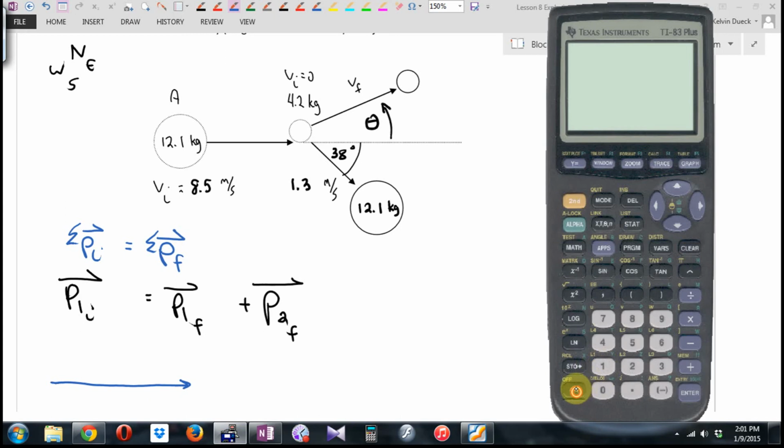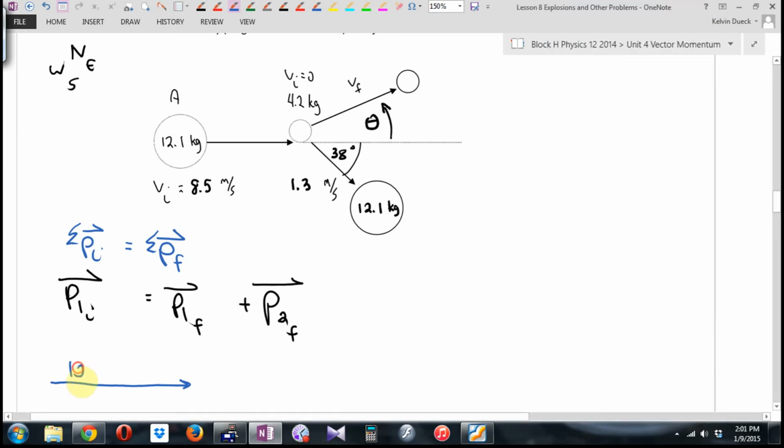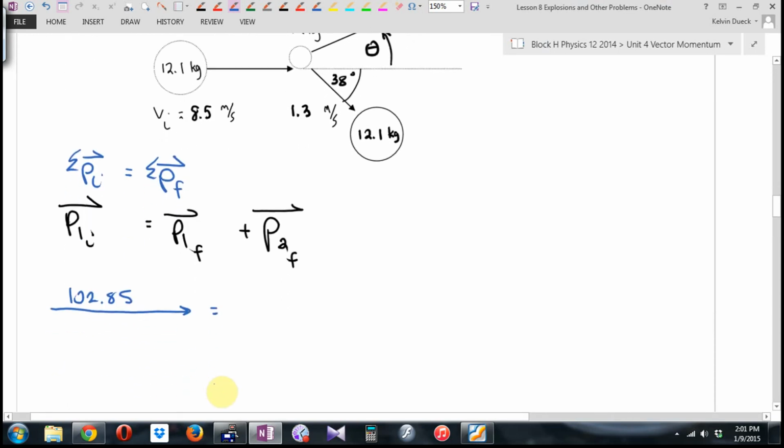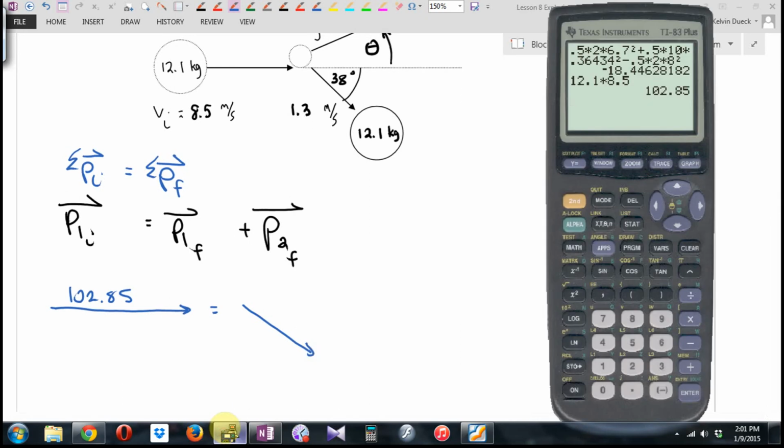Mass times velocity, 102.85. I made these numbers up just before Christmas when I created this lesson, and I didn't work them out ahead of time. This triangle is going to be terrible scale because I noticed my incoming momentum is 102.85, and I notice my final momentum of the second object is like 15.73, which is really short.